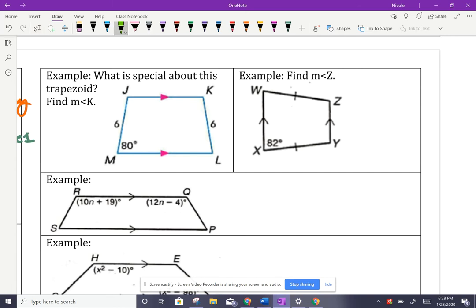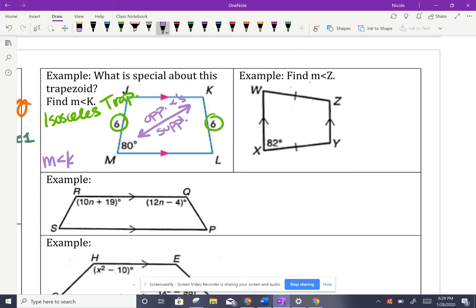Well, we look at the legs. These are our two legs. They're both equal to 6. Does that make them congruent? It absolutely does. So this is an isosceles trapezoid. Because of this, I can find the measure of angle K. These two are opposite, and opposite angles are supplementary. So the measure of angle K is equal to 100 degrees.